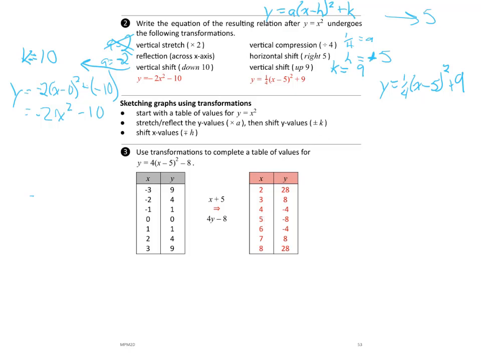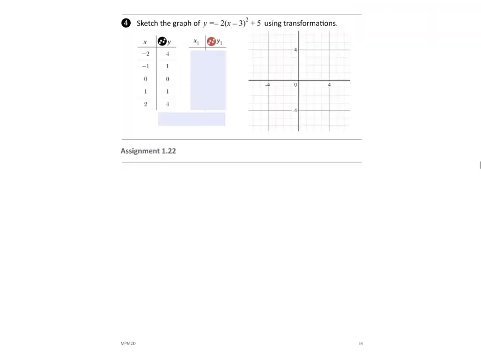Okay, next example. Here we have a new graph where you need to sketch the transformations given this graph and examining our transformation table of values. This is just y equals x squared on the left. On the right, we need to translate everything.